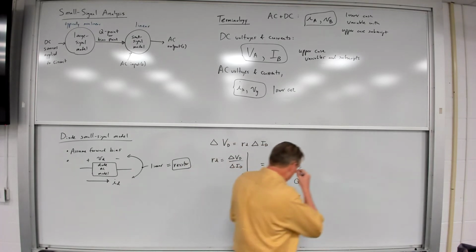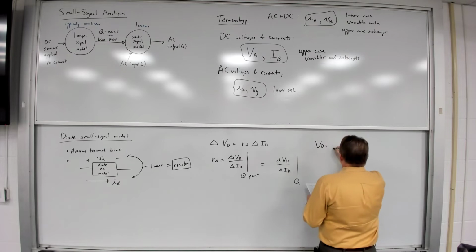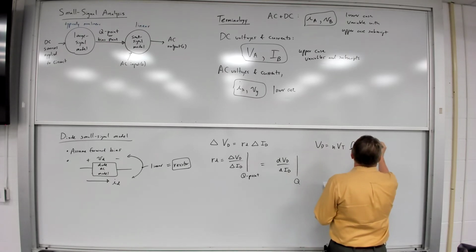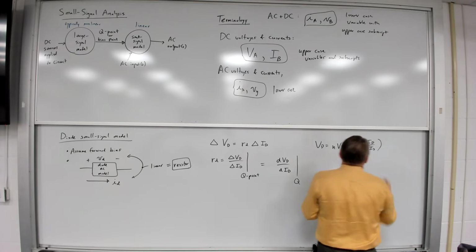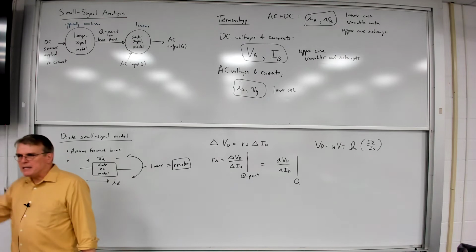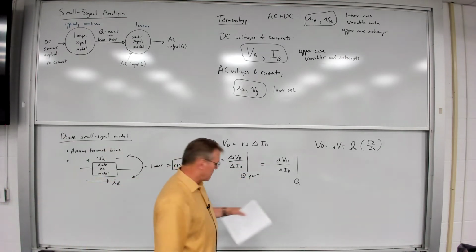We know that VD is equal to N times VT times the natural log of ID over IS. So that's the diode equation for the DC voltage and the DC current. Let's plug this into this derivative.